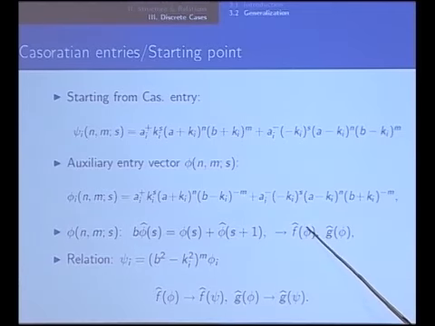But the entries for the Casoratian are phi, not psi. So we have to do some other tricks to transform the phi Casoratian to the psi Casoratian using such relations.